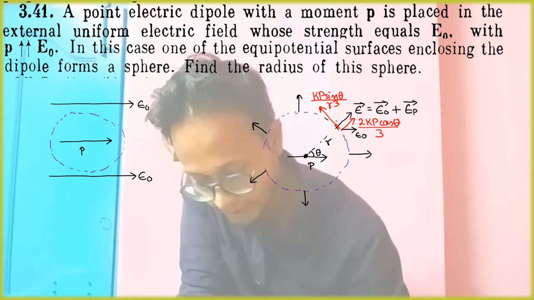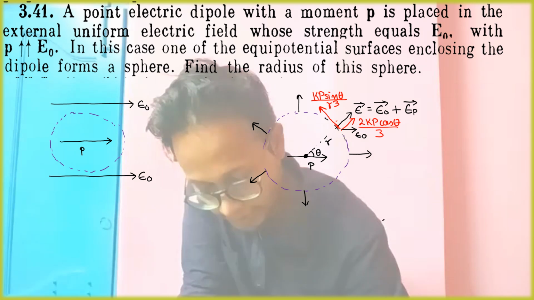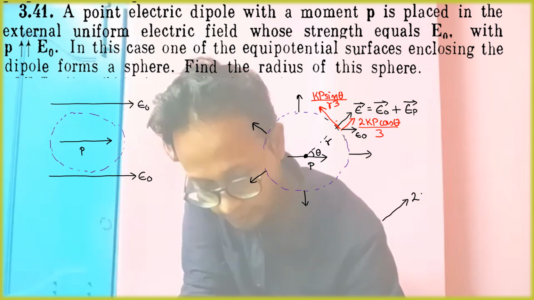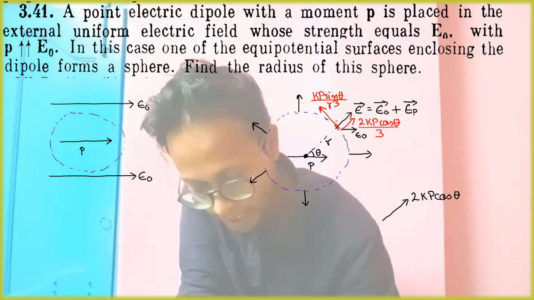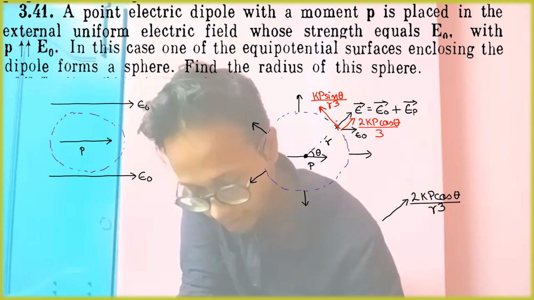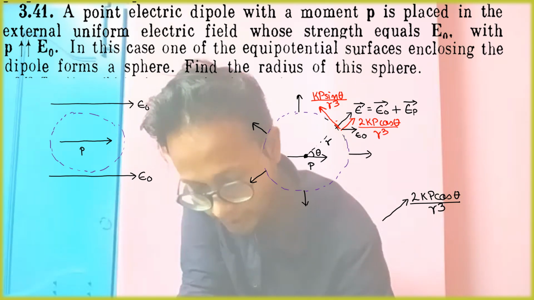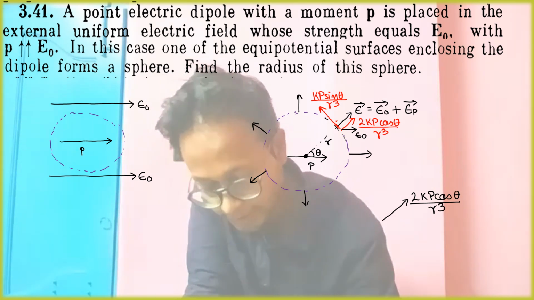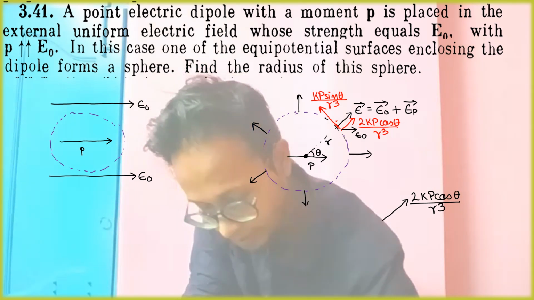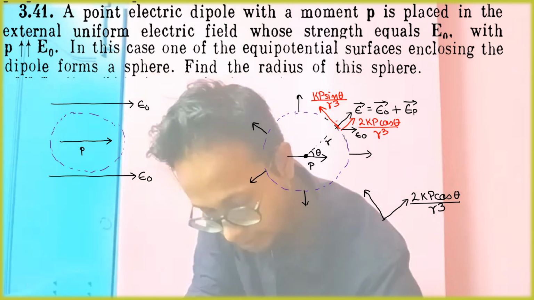So there are three vectors. The first vector, 2 kp cos theta by r cube, is generated by the dipole.